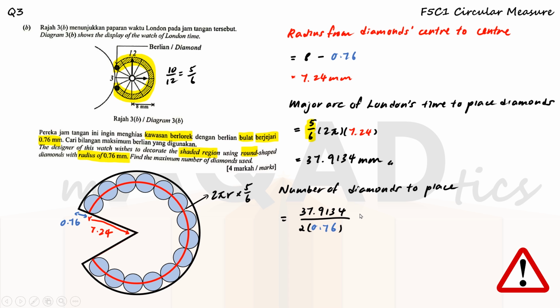If I divide these two values, I will get the answer, which is 24.94, but again, this is the maximum, so we couldn't have a 0.94 diamond, right? So the closest value that we can get is 24.